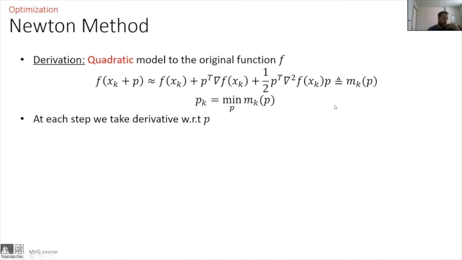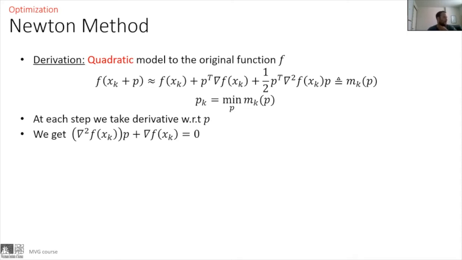At each step we can take a derivative with respect to this direction. We have a quadratic objective, right? So we can take a derivative of this objective and solve it. We discussed functions from Rn to Rn, but in general you can also think of the one dimensional case.